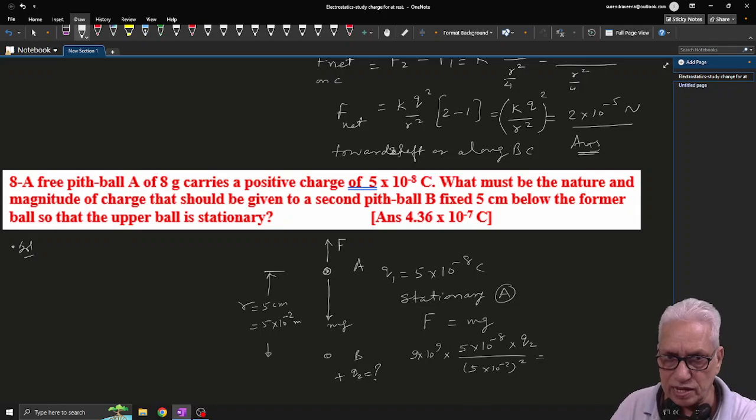It is equal to mg, mass is 8 gram, convert into kg, g means 9.8, you can take 10 also. If we solve it, Q2 comes here 4.36 into 10 to the power minus 7 coulomb. This is the answer.